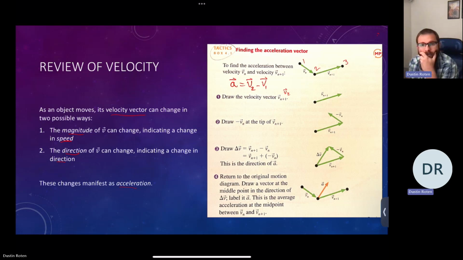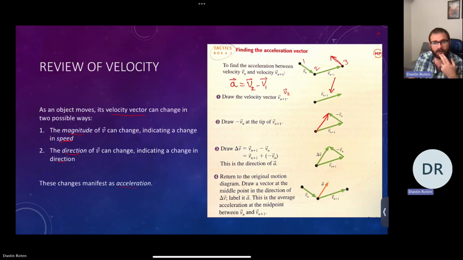So that stays the same. We have v2, nothing changes, it just gets moved down. Now here's where we flip. You can see what's going on. It's drawn in this third panel, but I can draw it here as well. It's going to point the exact opposite direction from where it started. We're just flipping it and using the tip to tail method. Now we just draw in that difference.